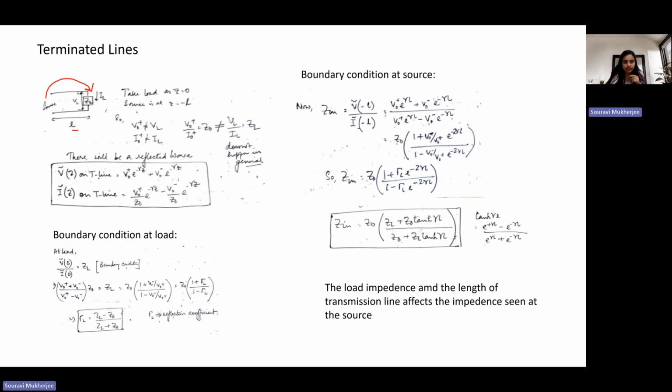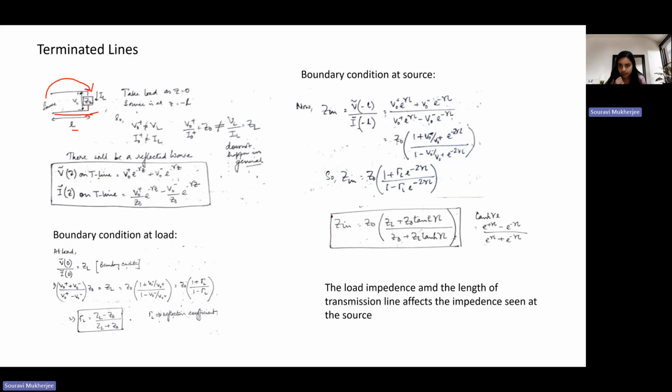Why? Because when you have a load at one end, whatever changes in the voltage are happening while it is transmitting have to match certain boundary conditions at the load and the source, right? That is important, because it just cannot be a random wave moving with some random gamma, right?